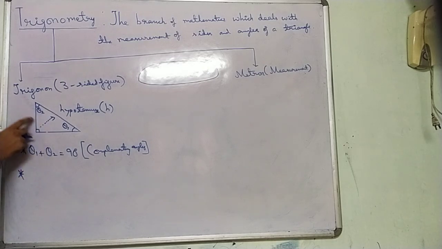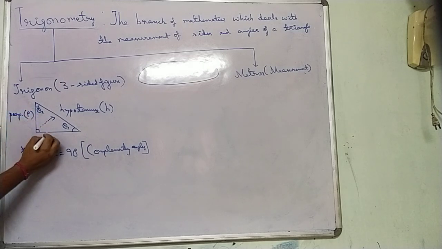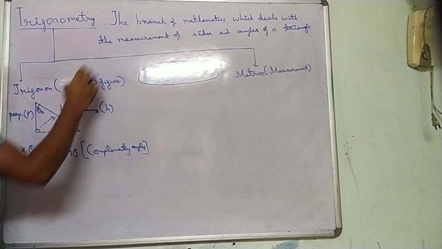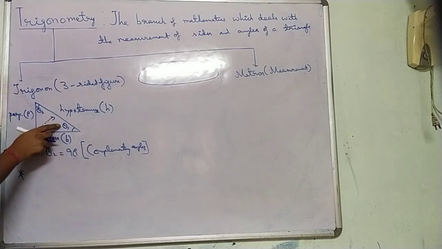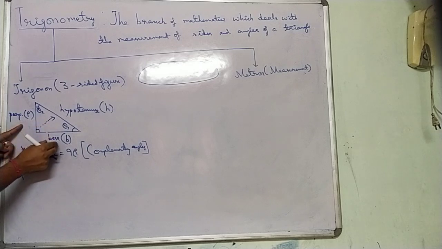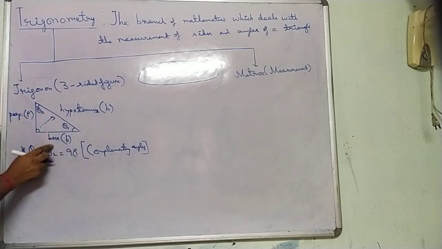The other two sides are named perpendicular and base, and this depends on the reference angle using which we are doing measurement. Suppose I am taking this as the reference angle, then the side opposite to this angle becomes the perpendicular and the other side is the base. If this is the reference angle, the other side becomes the perpendicular and this becomes the base.